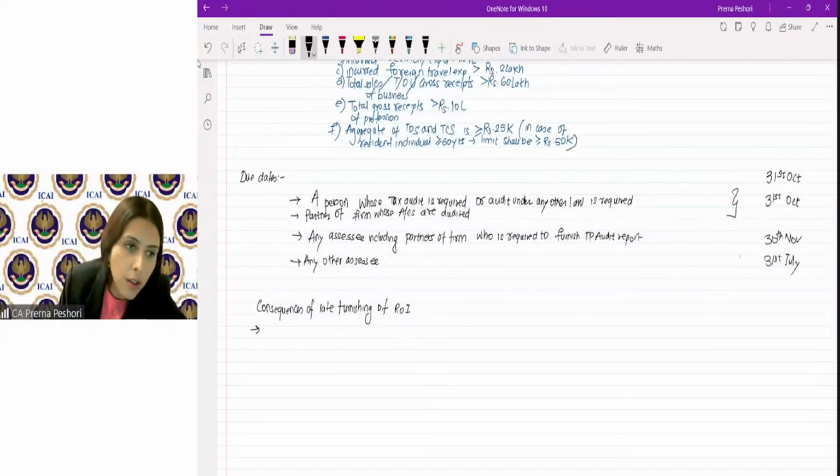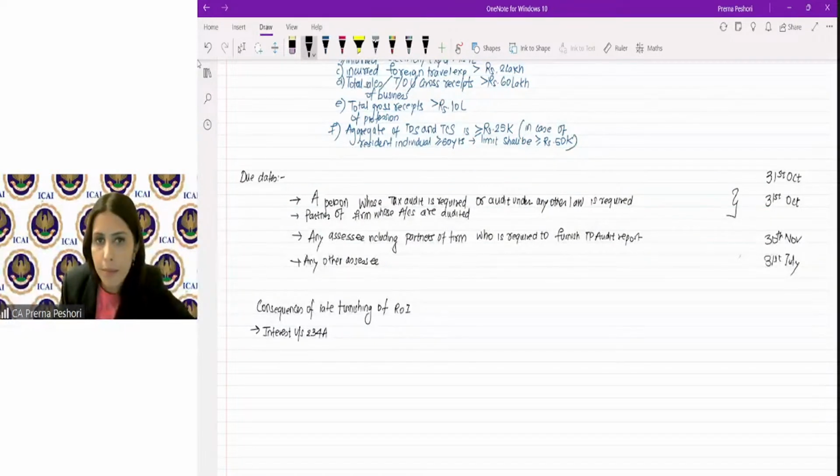First of all, interest under section 234A. There is interest under section 234A. Right? So interest will be charged under section 234A.